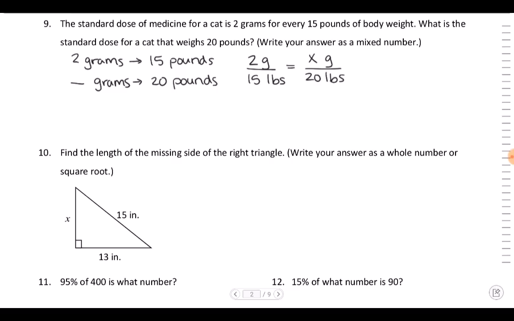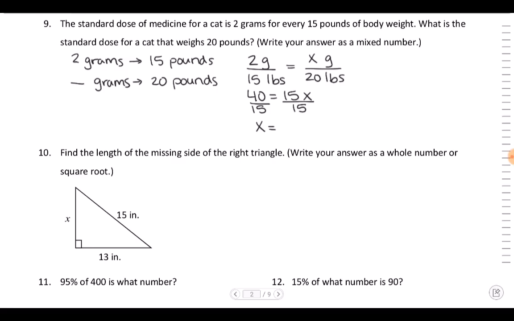Okay, so again, we will cross multiply and we get 40 equals 15x. Divide both sides by 15 and x equals 40 divided by 15. I'm going to put that first as an improper fraction and then reduce it, and then I will go ahead and convert that to a mixed number.